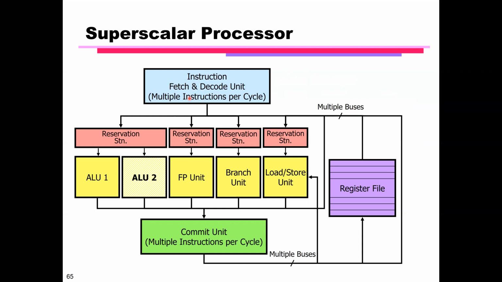The other thing that we necessarily need to do, because otherwise it's sort of silly to put many functional units, is to bring in multiple instructions per cycle. But in some sense, at least in some instruction sets, fetching and decoding several instructions is not really difficult.